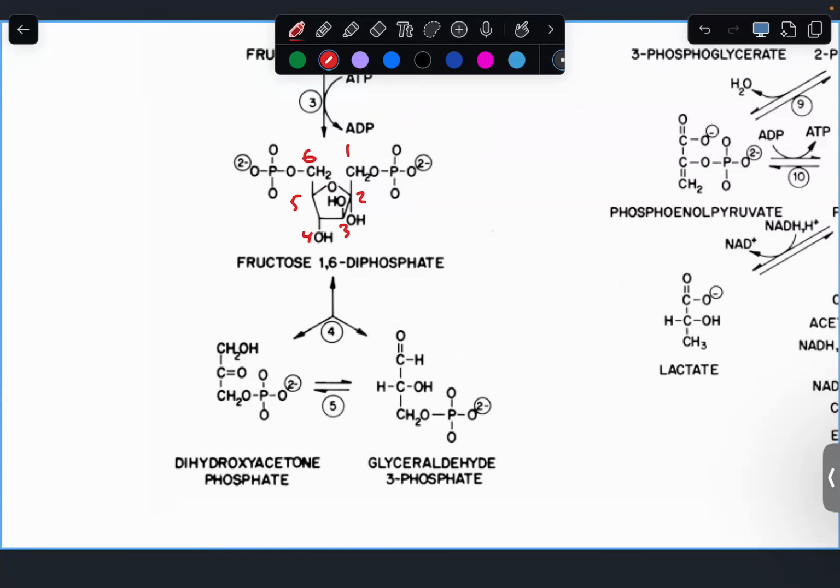Because here's where, whoops, I lost my thing. This is where it gets split into the two different three-carbon subunits, dihydroxyacetone and glyceraldehyde 3-phosphate. So the left side, I wish they drew it the other way, but it is what it is.